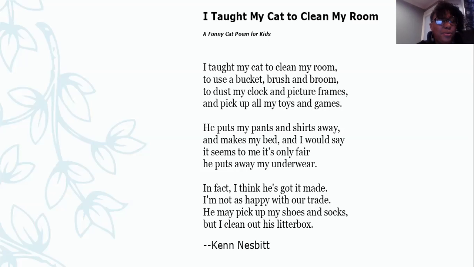Why is he not happy with that? Well, this cat is pretty talented and he does clean up pretty well. But this character is not happy with cleaning the poop out of his litter box. And that's what Ken Nesbitt wants us to understand. Although this cat can do all these great things, he still does not want to clean up his poop.